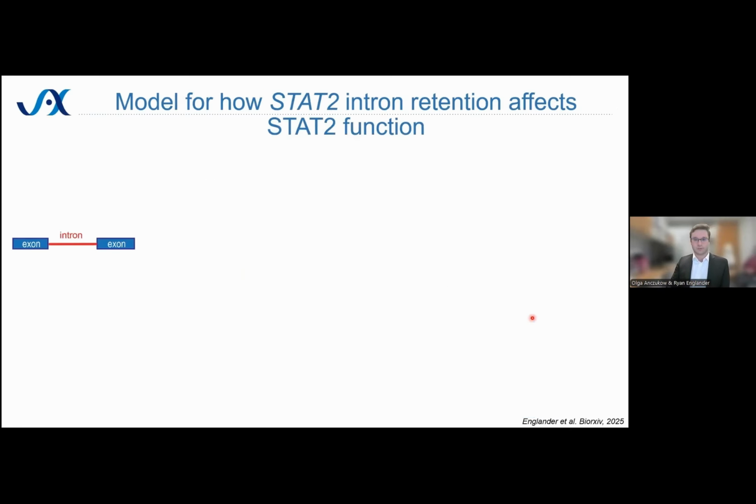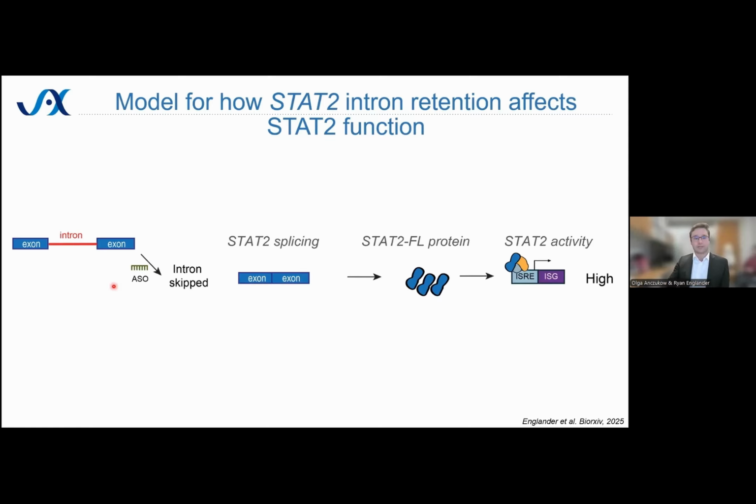So this leads us to the following model. STAT2 has these two introns, intron 6 and intron 12, that can be alternatively retained or spliced out in mature transcripts. ASOs can help us modulate that splicing, either by inducing intron skipping that leads to productive STAT2 splicing and the production of full-length STAT2 protein that allows cells to respond to interferon and can actually boost interferon responsiveness after interferon treatment.